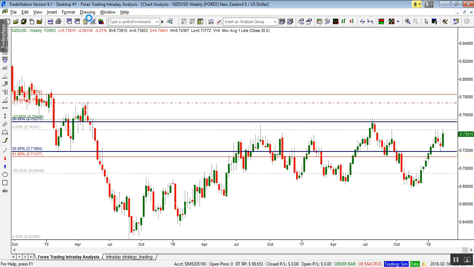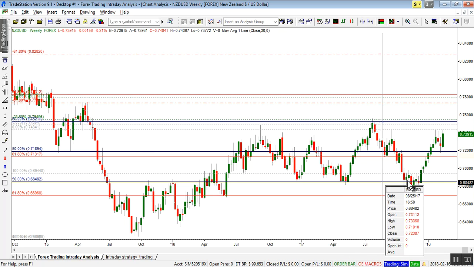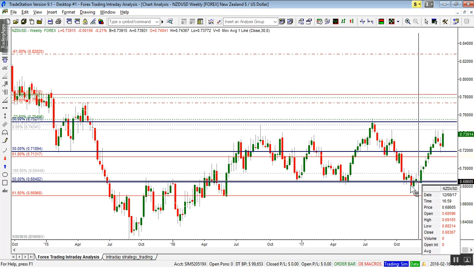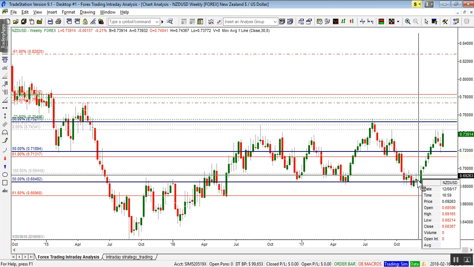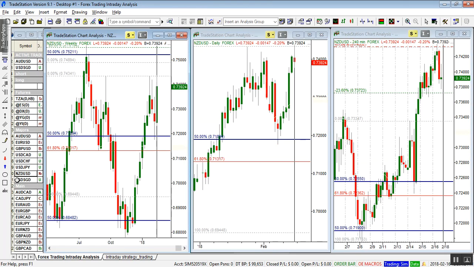Remember that we have a market that is moving between two areas here, lows to highs. This has traded in April 2017 and again at the end of last year. We had a big push higher, and this market still has the possibility to move into 0.7526. So let's see what happens to the dollar index.